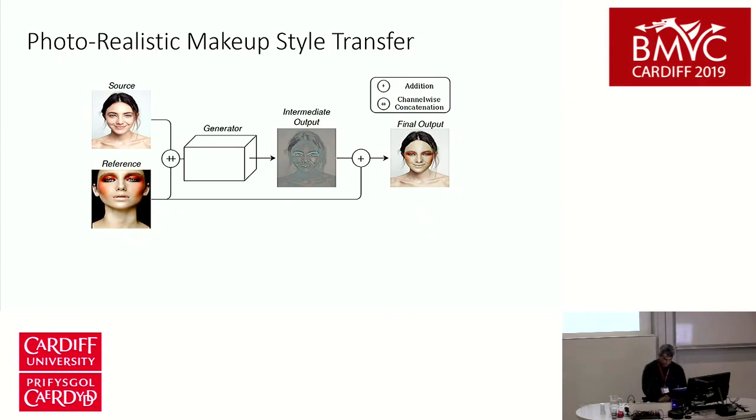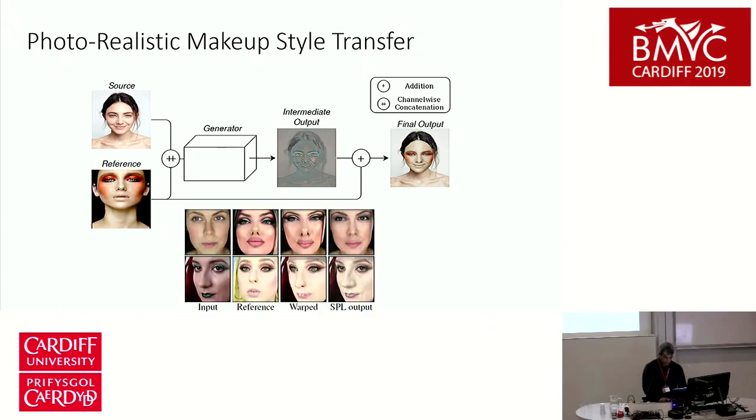So for the style transfer application, we want to basically transfer the style of a reference image onto our input image. So there is no real need to really learn to generate the input image again from the data. And that's why we can basically use the gradient profile or the shape component of the loss between the generator output and the source input, just to recreate the input as it is. And then the color component of the loss can be computed between the generator output and the target, just to transfer the color properties. And that's what we do.